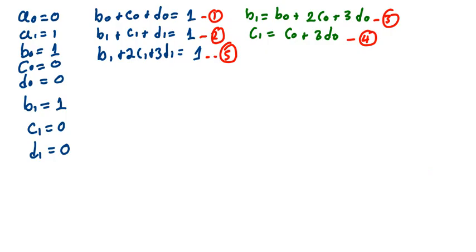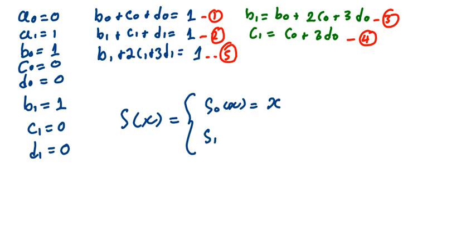So this tells us that our S of x, our clamped cubic spline, can be in the form S naught of x is equal to a naught, which is 0. Since our b naught is equal to 1, we just have x here.